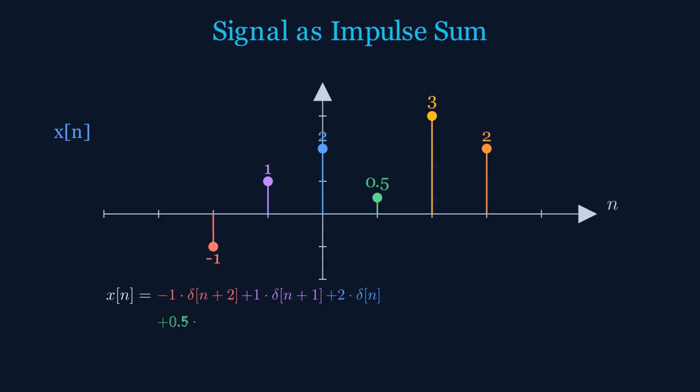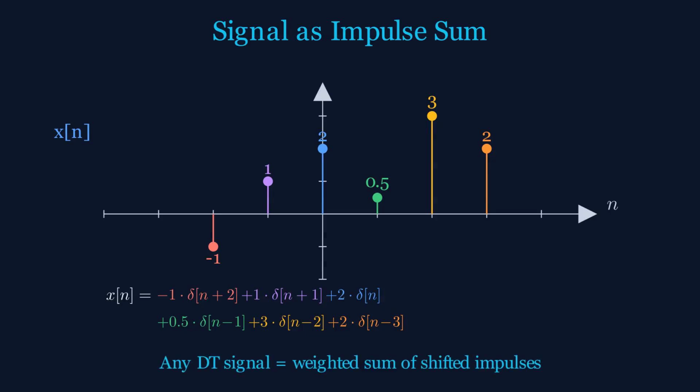We write this as -1 times delta[n + 2], plus 1 times delta[n + 1], plus 2 times delta[n], plus 0.5 times delta[n - 1], plus 3 times delta[n - 2], plus 2 times delta[n - 3]. This decomposition is the foundation of the convolution sum.